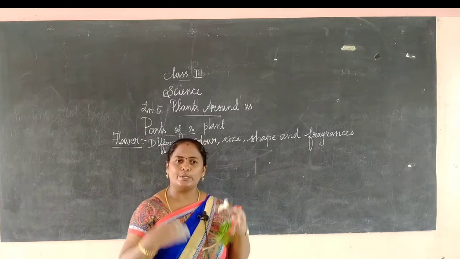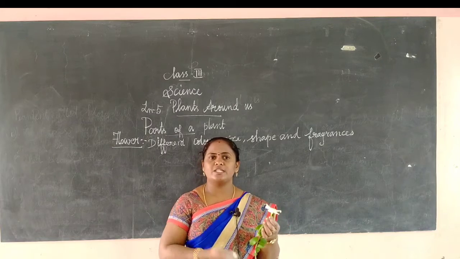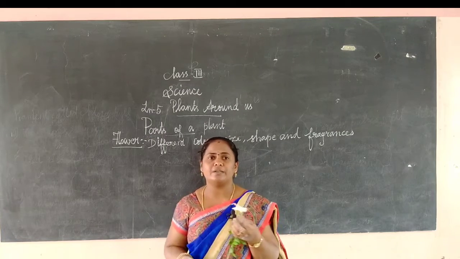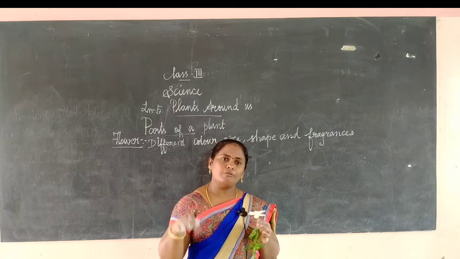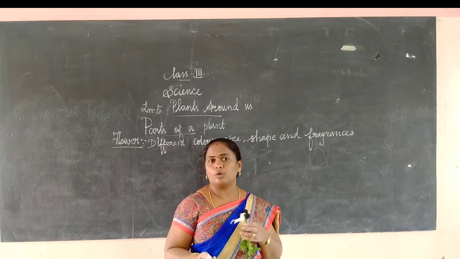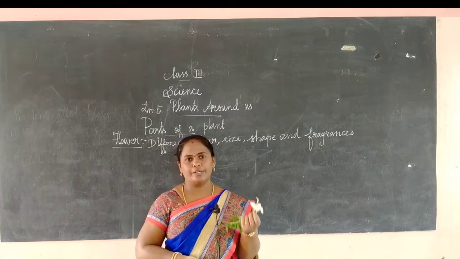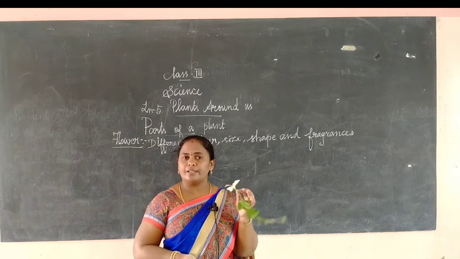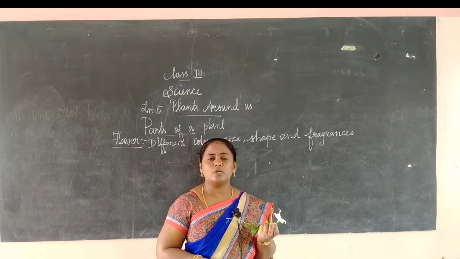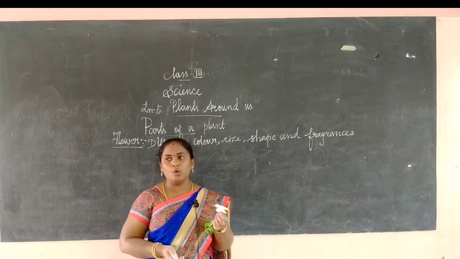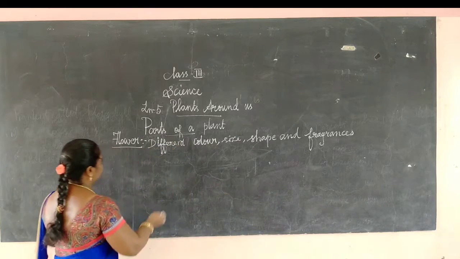The color differs for each plant's flowers. Some flowers are white, some are yellow, some are purple, some are red. Are all flowers the same size? No, some flowers are big, some are small. Sizes, shapes, and colors differ, and the fragrance, the smell, also differs. So let us learn the parts of a flower.